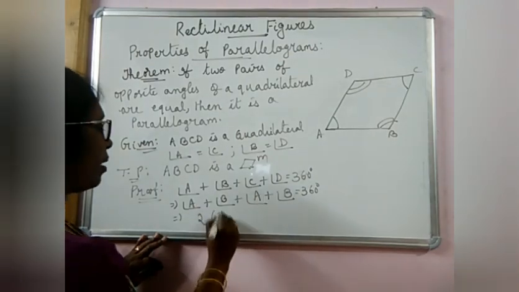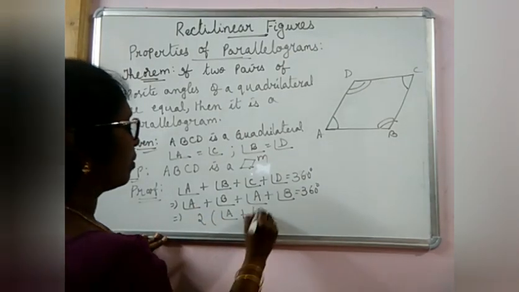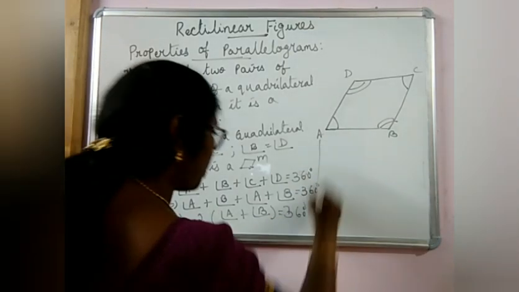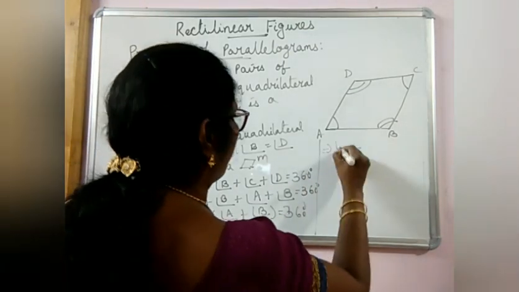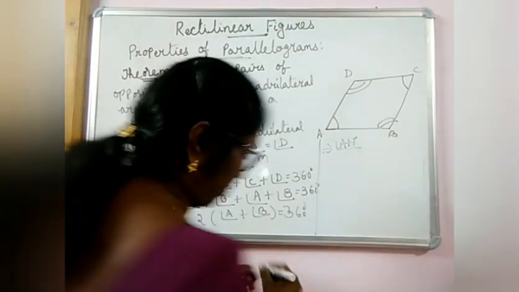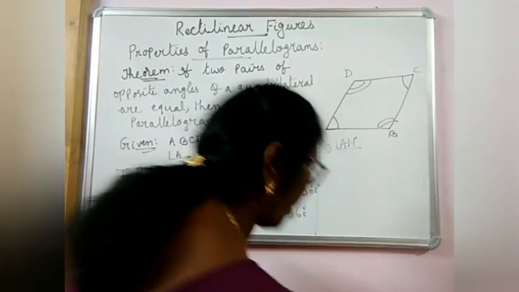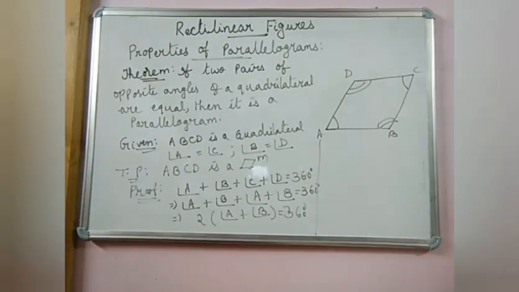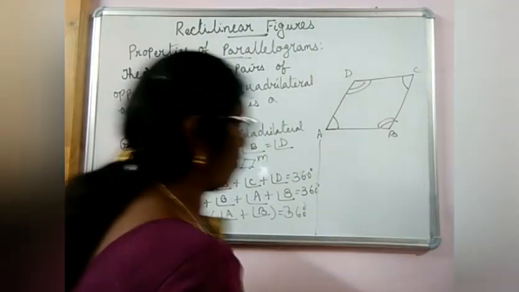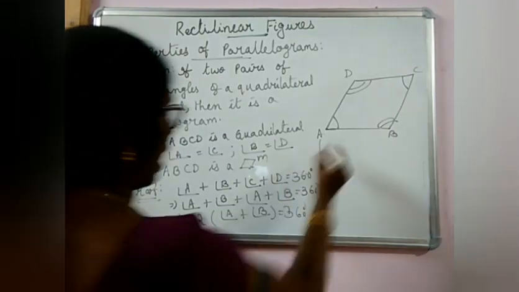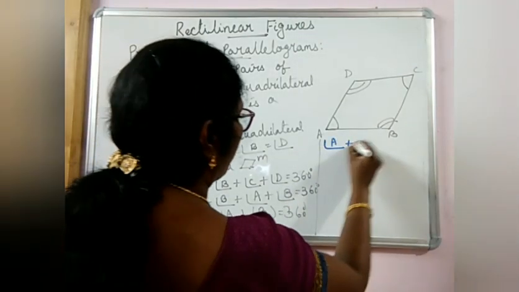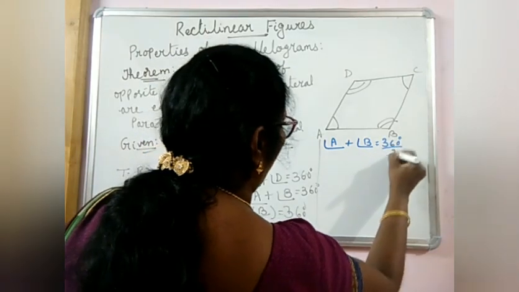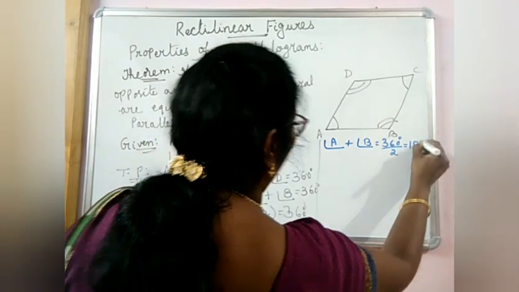So 2 angle A plus 2 angle B equal to 360 degree. That means angle A plus angle B equal to 360 degree by 2, that is 180 degree.